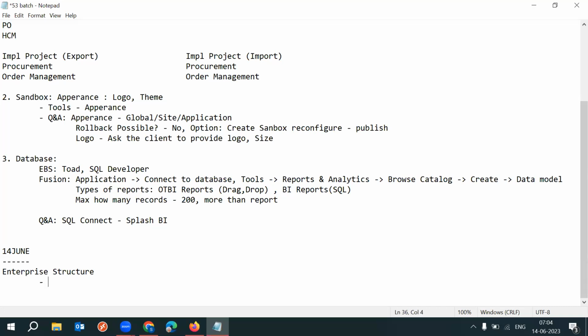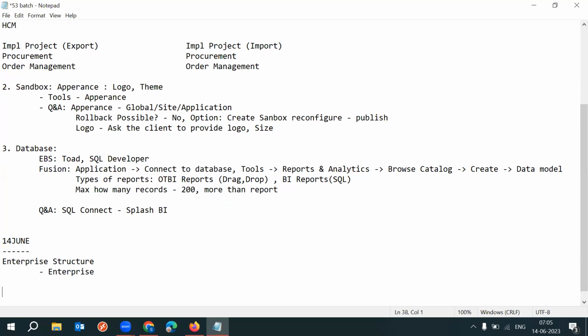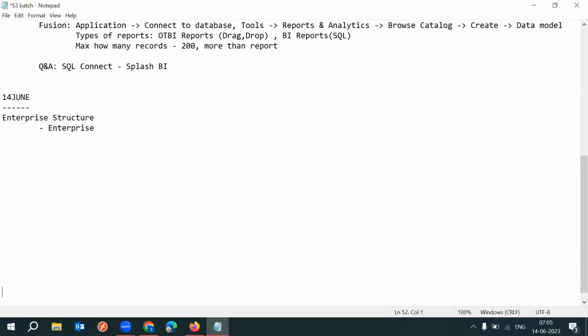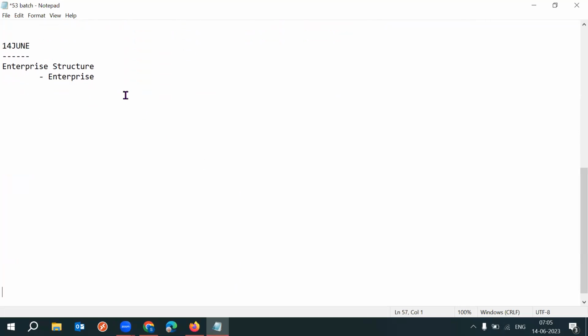The first entity is the headquarter of the company, which is called an enterprise. This is the headquarter of the company. And next is division. The company may have many divisions.